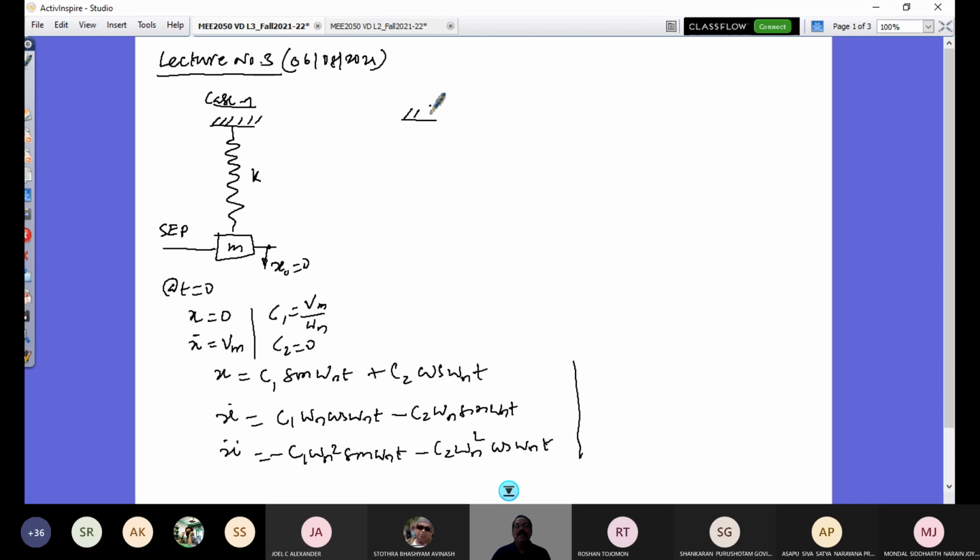Or the other case, case 2, is that I give an initial condition taking this mass to its extreme maximum amplitude. So this is mass m, and this position from its mean position is at a distance xm. I consider this to be the time 0 observation.